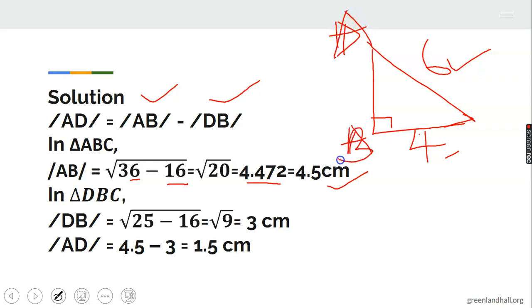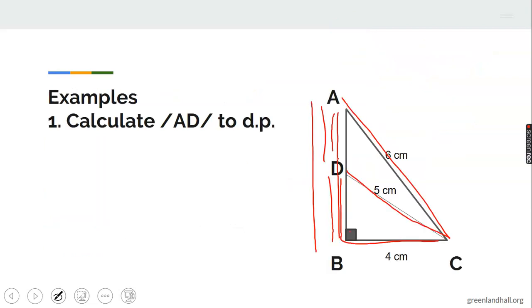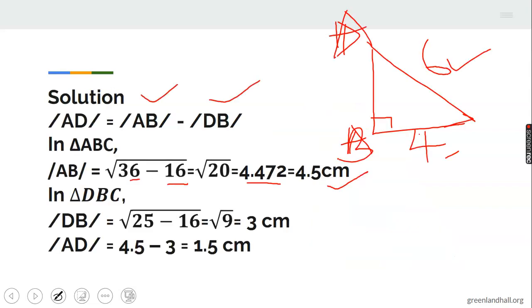AB. That's AB. Then in the other triangle, we now pick the other triangle. Here is 4, and here is 5. So using Pythagoras Theorem here, the square of 5, which is 25, minus the square of 4, that will be root 9, and root 9 is 3.